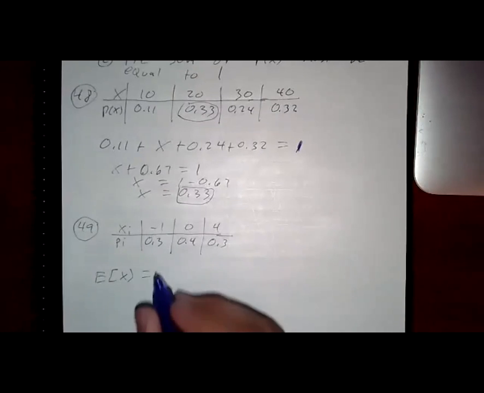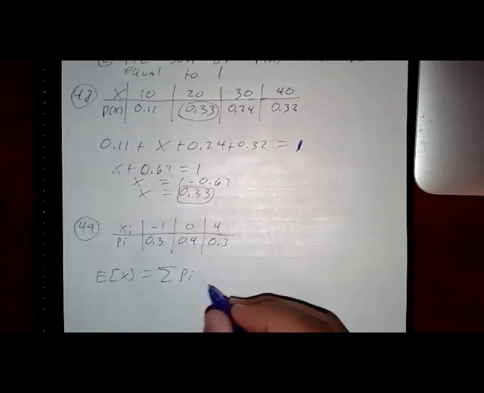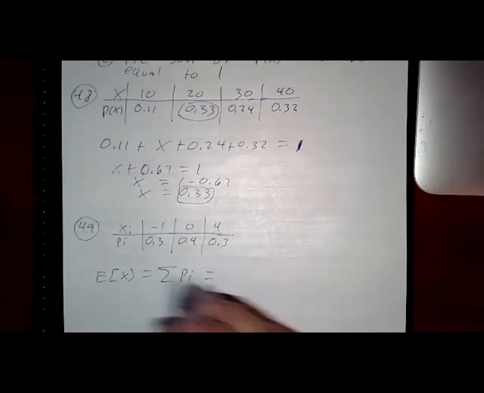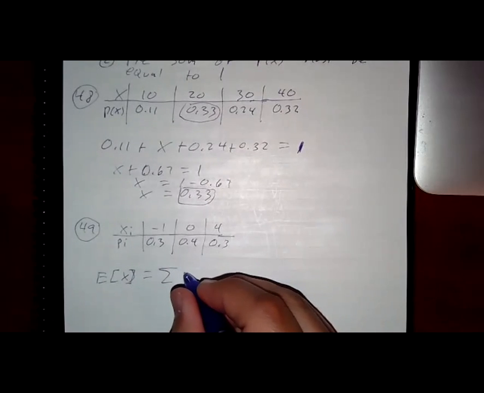The definition of this is basically this formula. You sum up all the P_i times x_i. Actually, sorry, I missed something. It'll be P_i times x_i.